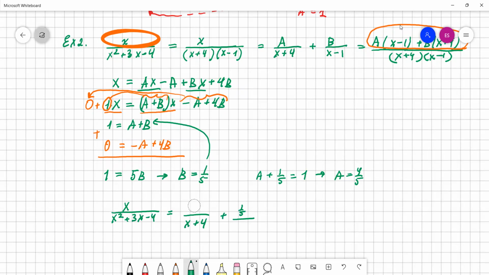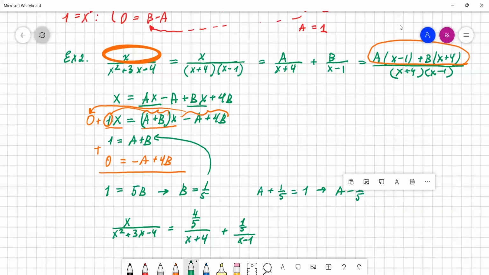But I wrote 5 and somehow I said 4 over 3. 4 over 5 times x plus 4 plus 1 over 5 times x minus 1. So I did decomposition. Sometimes people, sorry, I keep erasing what I'm writing down. Sometimes people who are doing these calculations are going to put this in denominator and put it in front of the fraction. You don't need to do this. We're going to be fine if you don't do it.